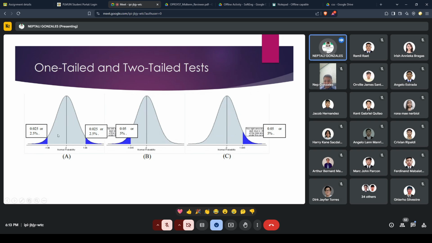For letter A, if the computed value is less than negative 1.96 or it is greater than 1.96, we will accept the null hypothesis. So this, imagine the region of acceptance, only a few.